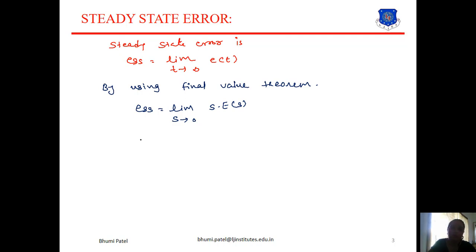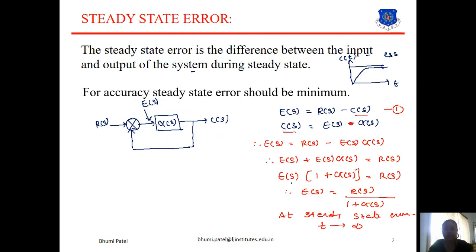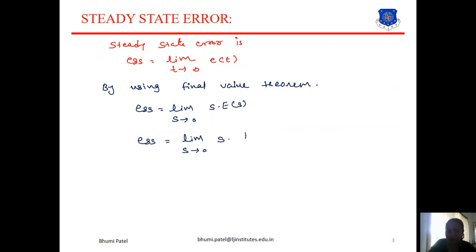So ESS is equal to limit s tends to 0, s into, we have the value of E of s, so E of s is equal to R of s upon 1 plus G of s. So limit s tends to 0, s into R of s upon 1 plus 1 upon Ts.